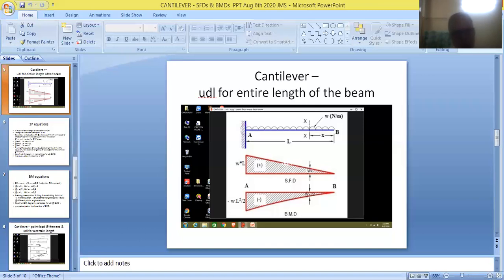If values are positive, they will be coming above the baseline of the diagram, and negative values will be coming below the baseline of the diagram. So this is the way of writing SF and BM equations, and this is the way of constructing SF and BM diagrams.